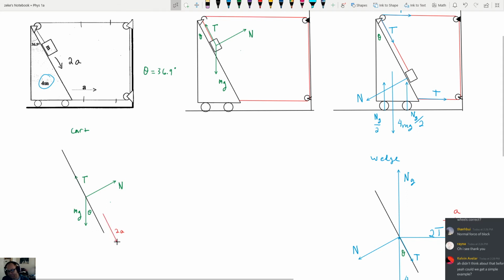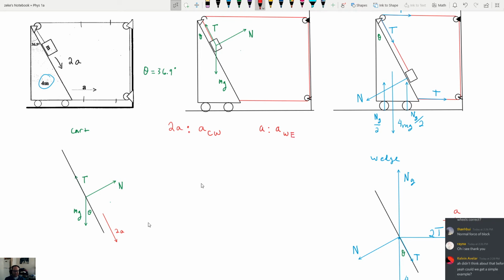But that 2A, there's a lot of different ways you can do this, so I'm going to show you maybe multiple ways of figuring this out. The 2A basically represents the acceleration of the cart relative to the wedge, right? A represents the acceleration of the wedge relative to the Earth.